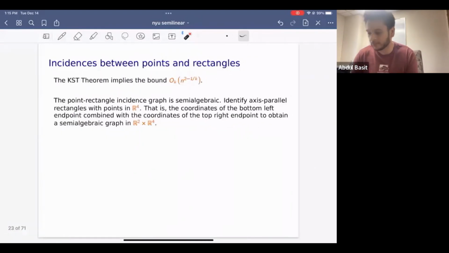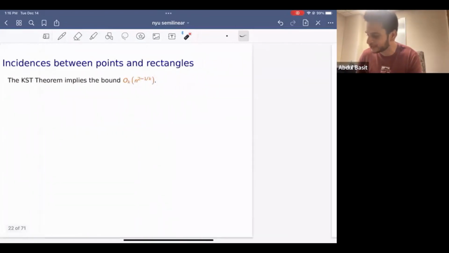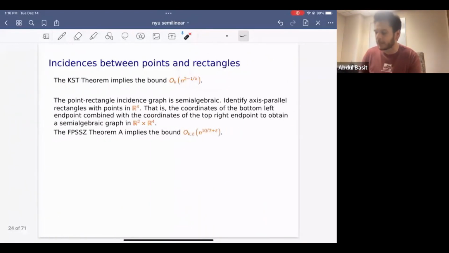And now, again, I can write the point-rectangle incidence graph. It's semi-algebraic. I can identify axis-parallel rectangles as points in R^4. So I get a semi-algebraic graph in R^2 times R^4. And it turns out if you plug the numbers 2 and 4 into the bound of this theorem that I just mentioned, you get a bound that looks like n to the 10 over 7 plus epsilon.